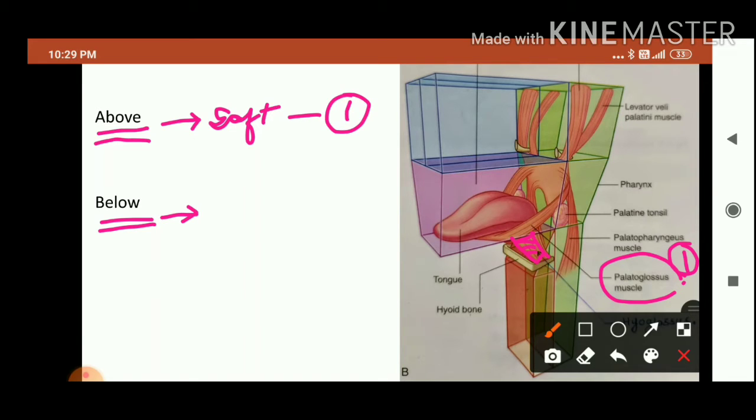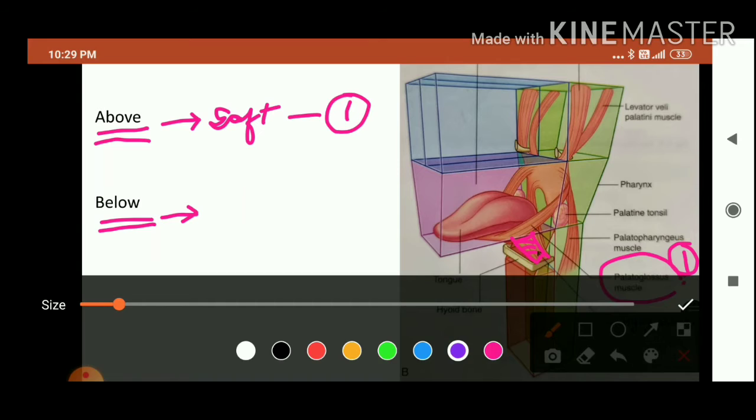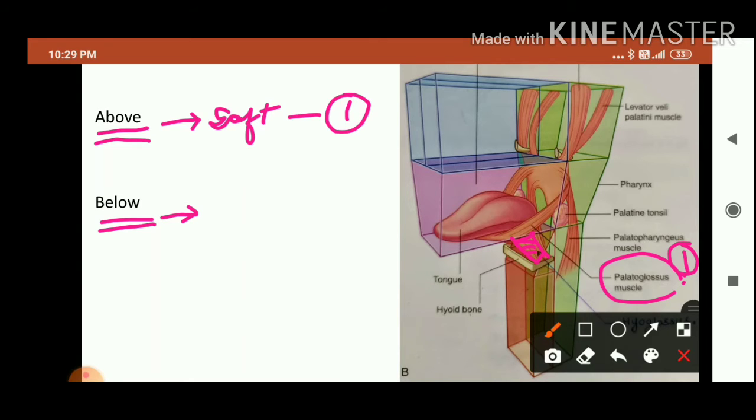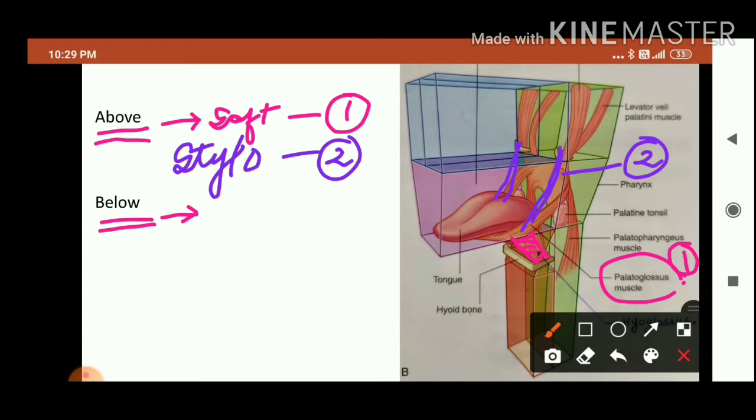It has not been shown here, so I draw it: it is also attached to the styloid process with the help of the styloglossus muscle. Okay, that is the attachment above.